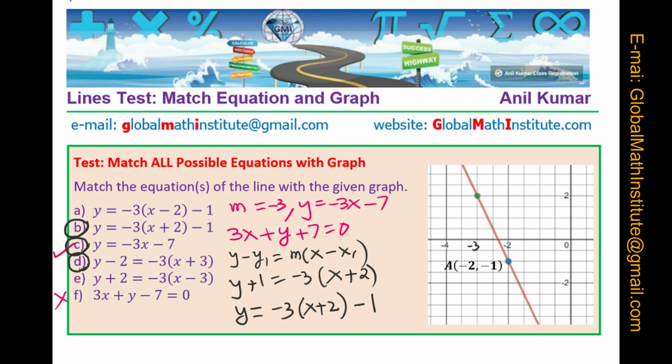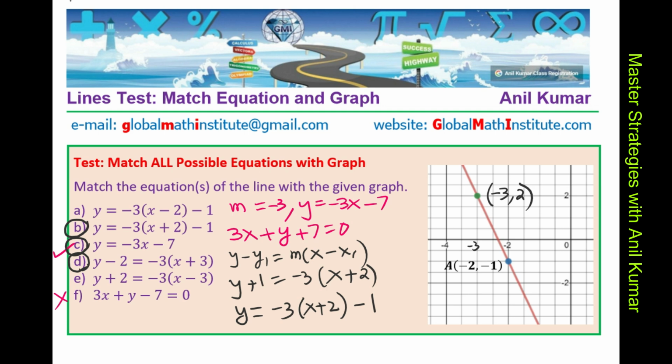You get the idea, right? So this point B, which is minus 3, 2, will give D as the correct option, right? So we get that also as the correct option. So we have three different equations which are correct in this particular case. So I hope you understand the concept, right?